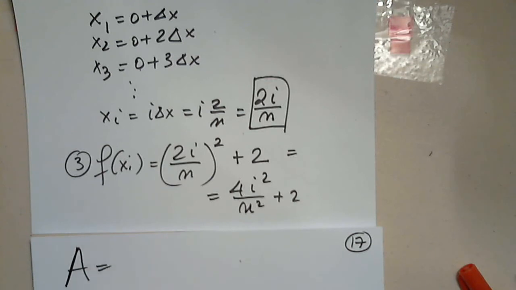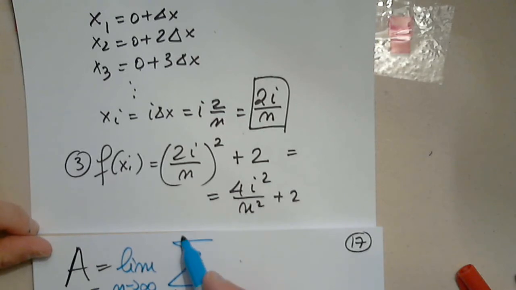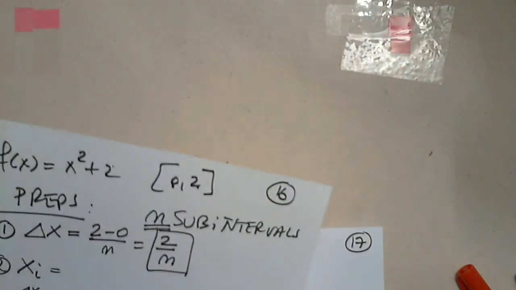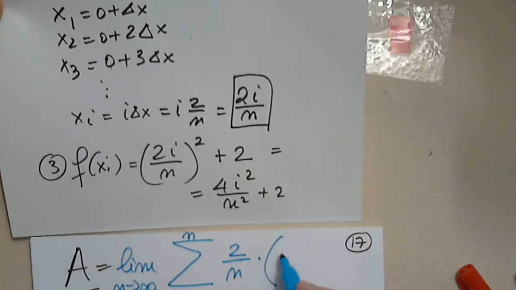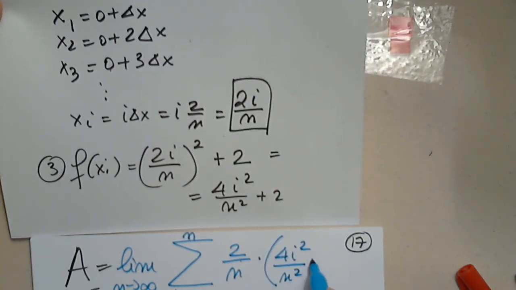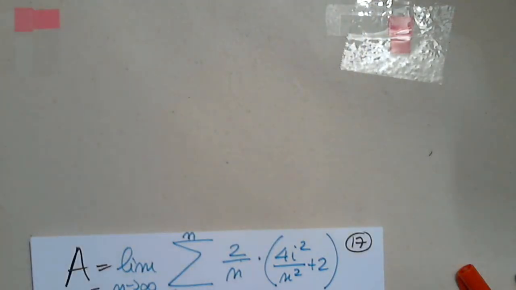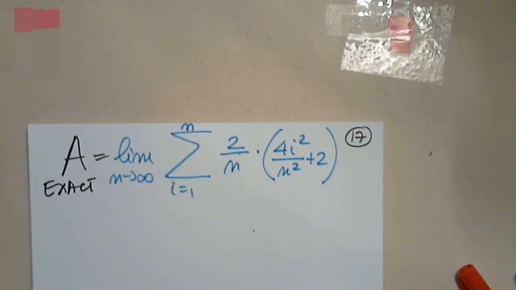So the exact area, no approximation whatsoever, no error, nothing, is the limit as n approaches infinity of the sum from i equals 1 till the last subinterval of delta x, 2 over n, multiplied by f of xi, in parentheses 4i squared over n squared plus 2. At the end of our calculations, we will get the exact area.